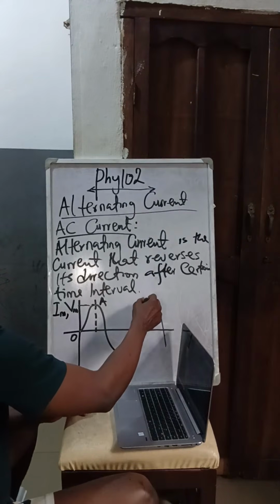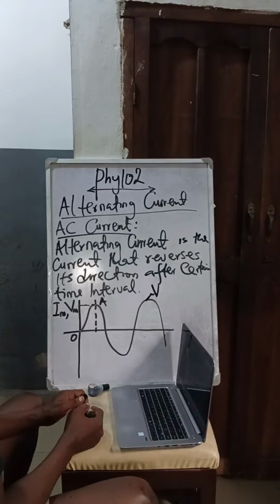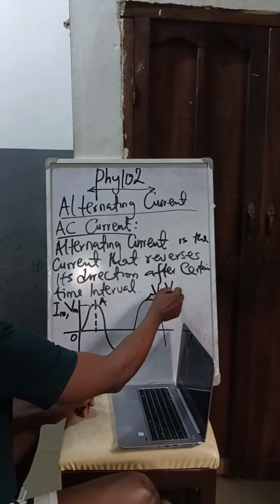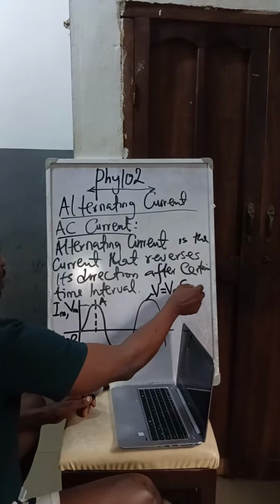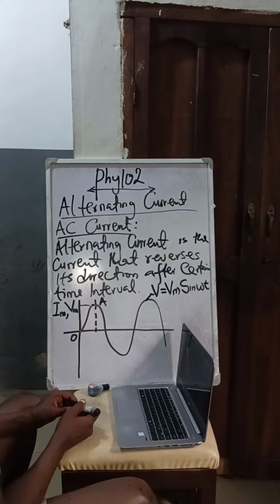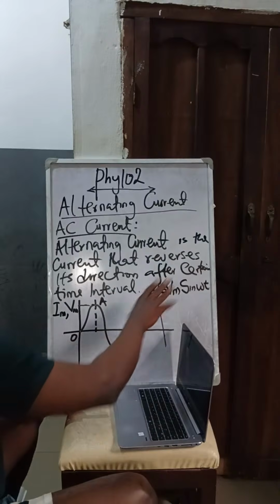Let us imagine that you are having it as V, which is equal to Vm, peak voltage, sine Wt. Okay, so this is the instantaneous voltage.